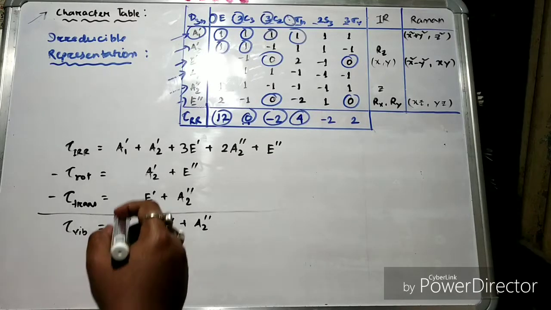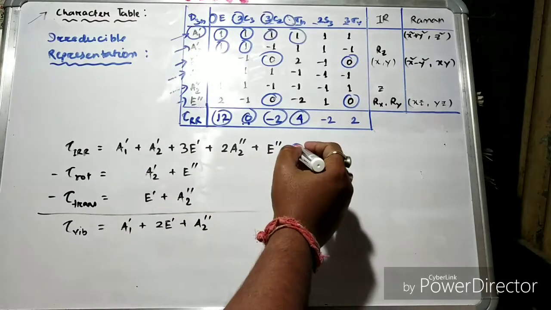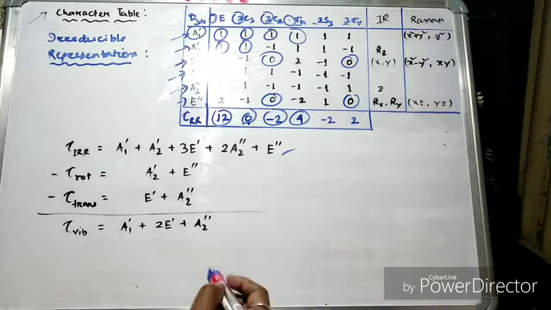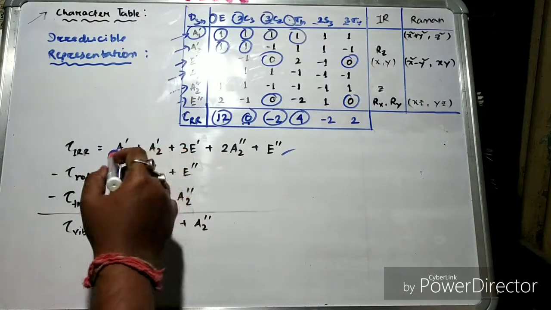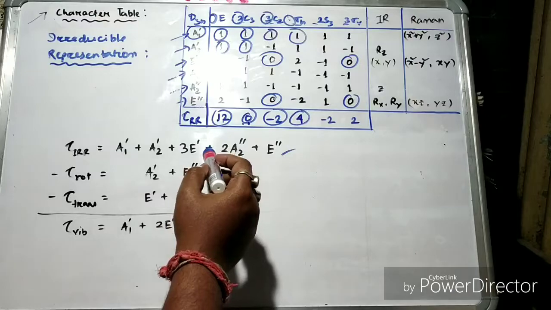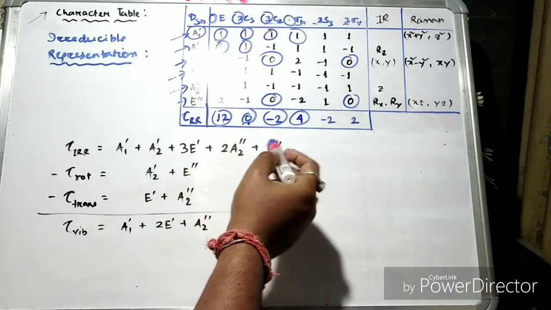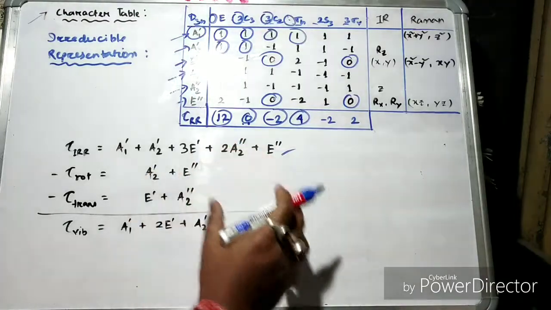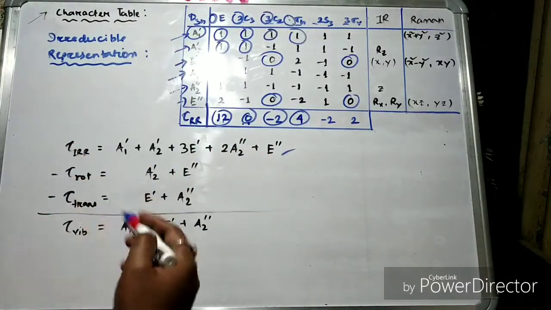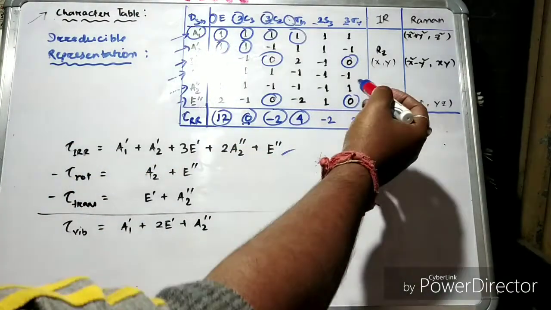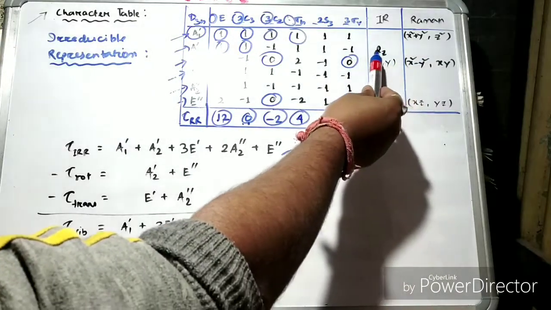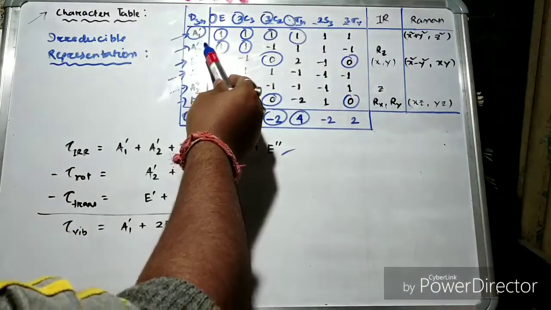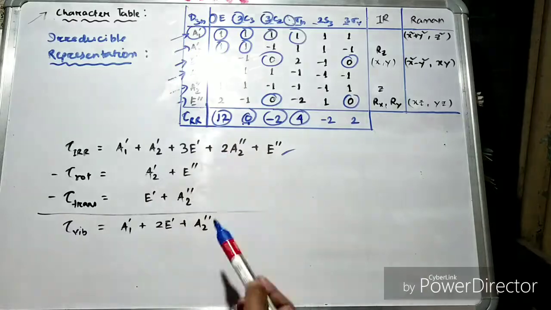So the irreducible representation will come out to be A1 dash plus A2 dash plus 3 E dash plus 2 A2 double dash plus E double dash. So from this irreducible representation we have to subtract the rotational and the translational degrees of freedom. From the character table we know that the rotational degrees of freedom are A2 dash and E double dash.